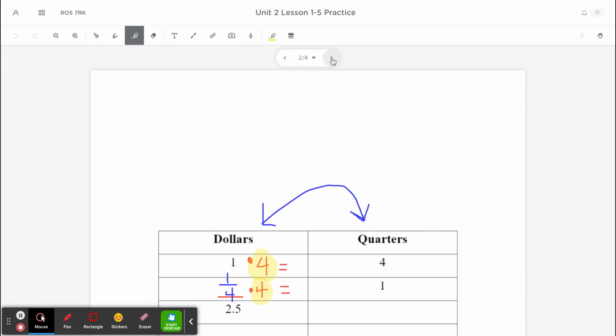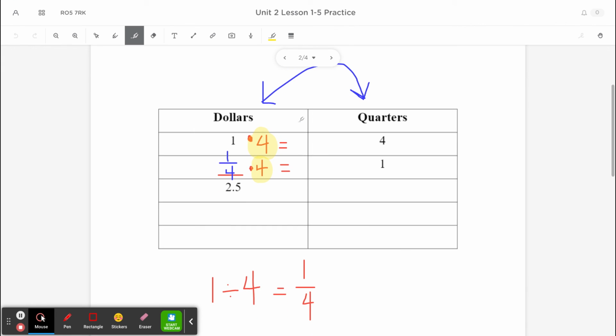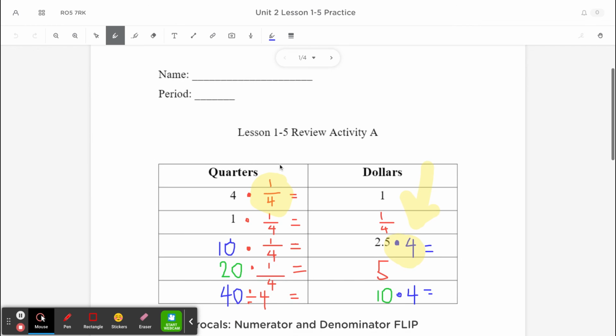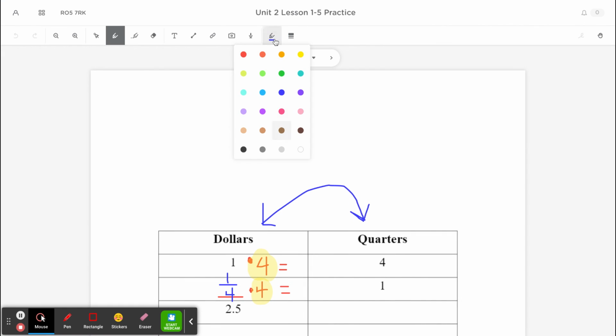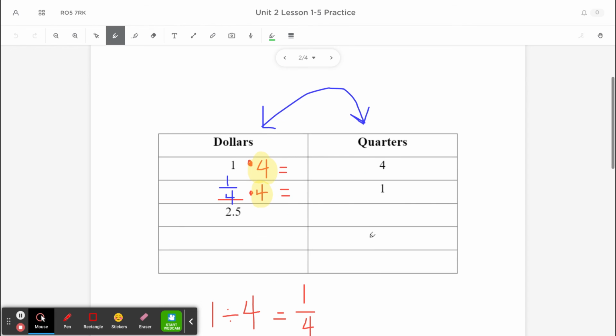But the relationship between slide 1 and slide 2 doesn't change. We still have 4 quarters for every dollar. Go ahead and complete the table in 2. We know that our last two entries were 20 quarters and $10, so you can add that here.